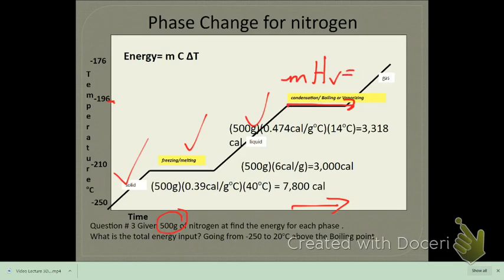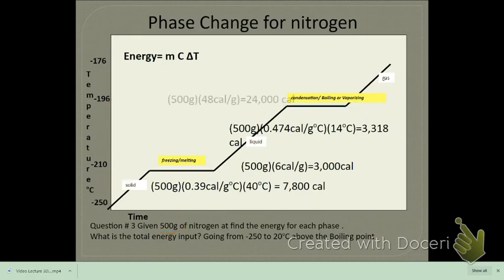And that is going to give me the energy needed to boil that liquid nitrogen. So when I plug in my numbers, I take 500 times the heat of vaporization, which is 48, which is going to give me 24,000 calories.